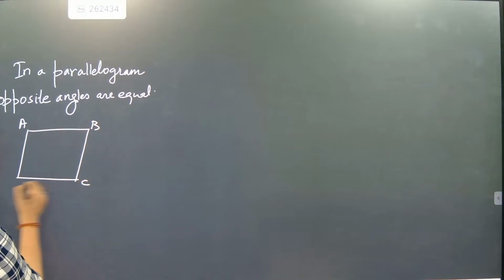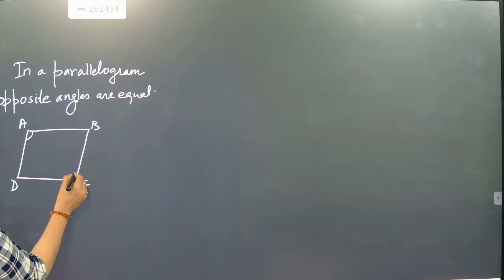ABCD is a parallelogram. You need to prove that angle A is equal to angle C.